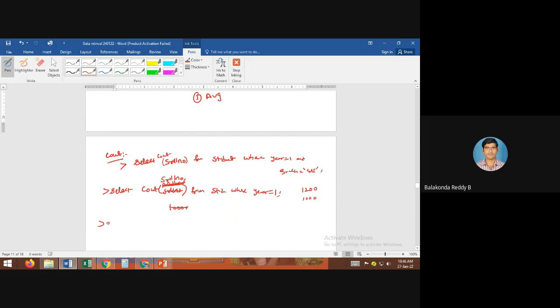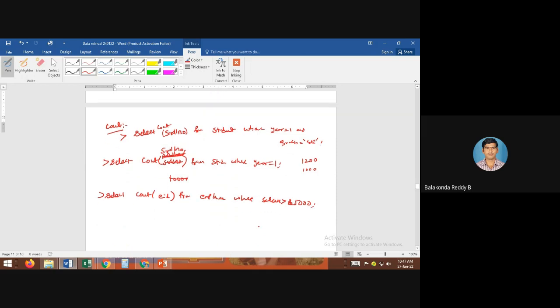Suppose I mention here select count of employee ID from employee where salary greater than 25,000. What is the output of this query, guys? It will count the employee IDs of the employees whose salary is greater than 25,000. Exactly. It gives the number of employees who have salary above 25,000.